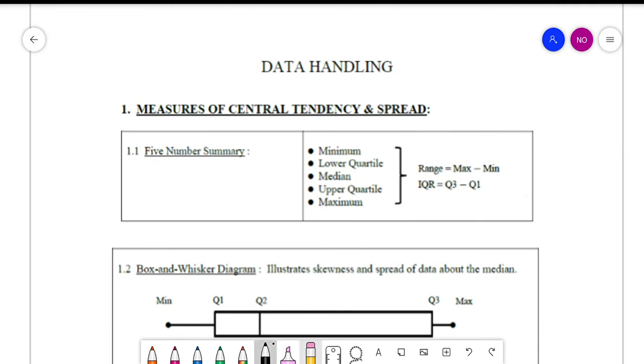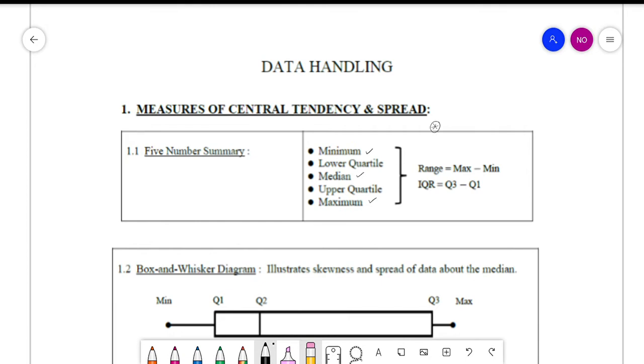The easy three is what we call the minimum, the median, and the maximum of the data. So for that, the minimum value will be the smallest value, the maximum value will be the biggest value, and the median will be the value in the middle of the data. Very important for this.